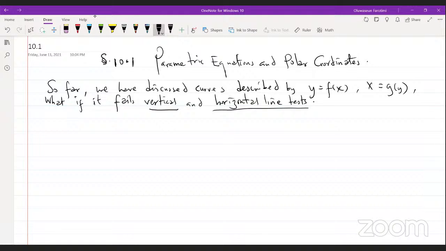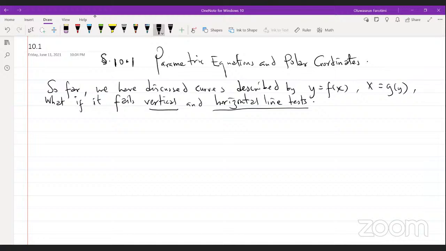How do you determine a curve? When you do the vertical line test, it doesn't cut the curve at two different places at the same time, or perhaps the one on the top, as long as it doesn't cut it at 2 points, then you say it's a curve. If it fails it, that means it does cut it at more than 2 different points. So that's the idea of the vertical line test.